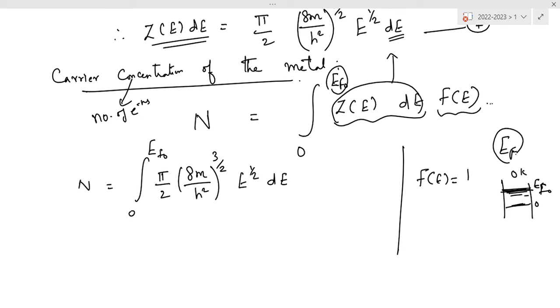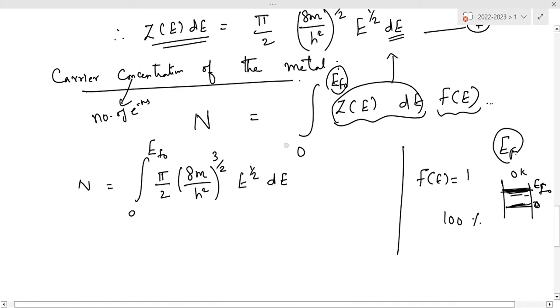Therefore, 100% the electrons are present in this energy level, ranging from 0 to EF naught. That is, within the limit 0 to EF naught, the energy states are filled.